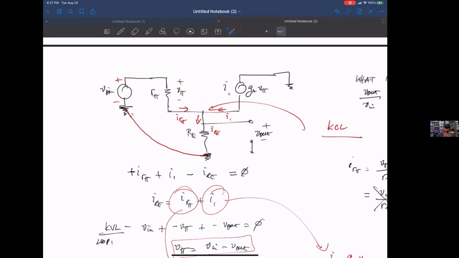So for the KVL equation, I would say Vn plus the negative value of V sub pi, because V sub pi is defined inversely to Vn, plus the negative value of V sub out, because again it's reversed compared to V sub in, minus V sub out. The sum of all these has to equal 0. So that's the equation for the KVL across this loop.